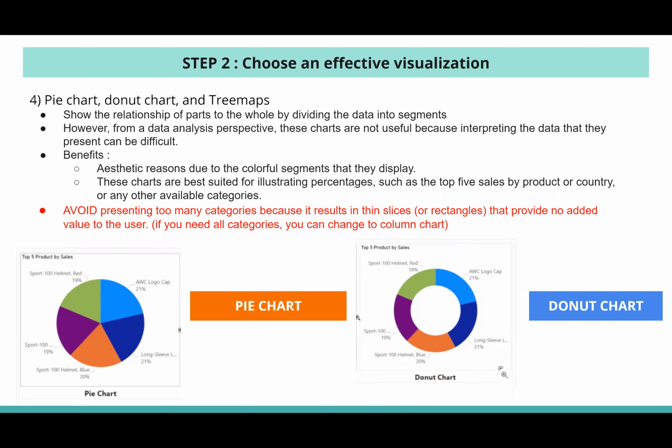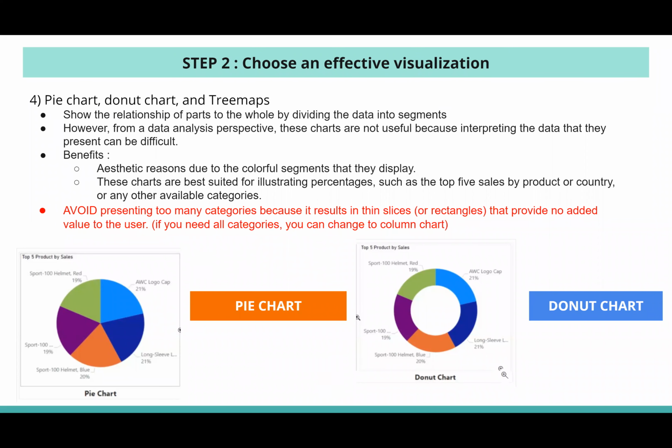The main topic here is to make sure that the audience gets what they want and can read what you want to show. So it's based on your preference and your audience's preference.